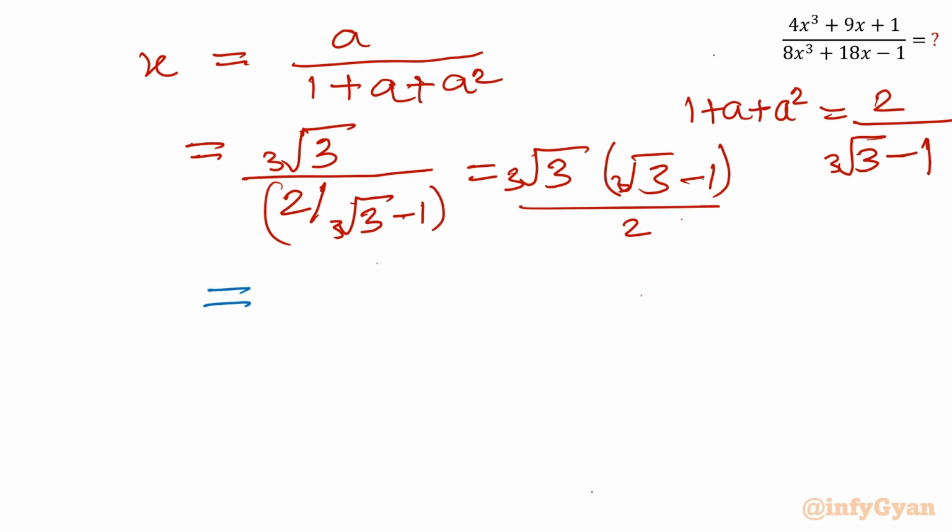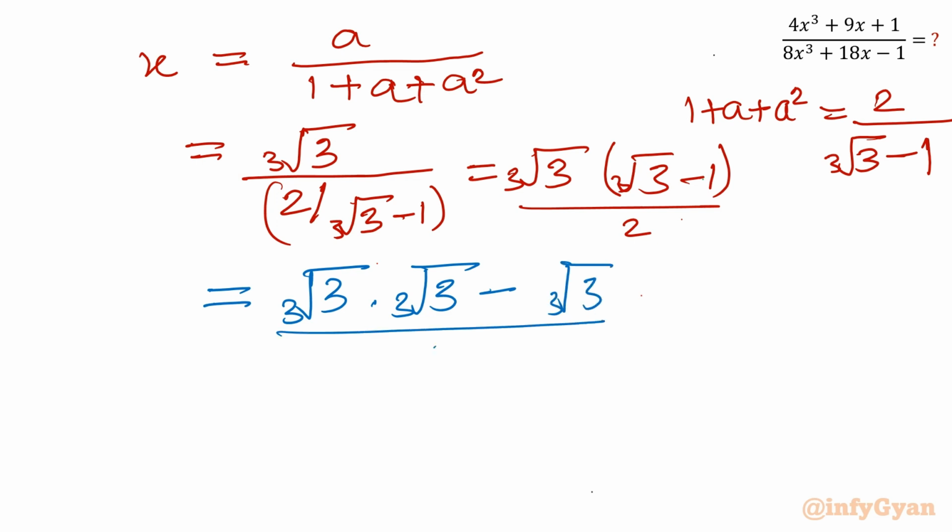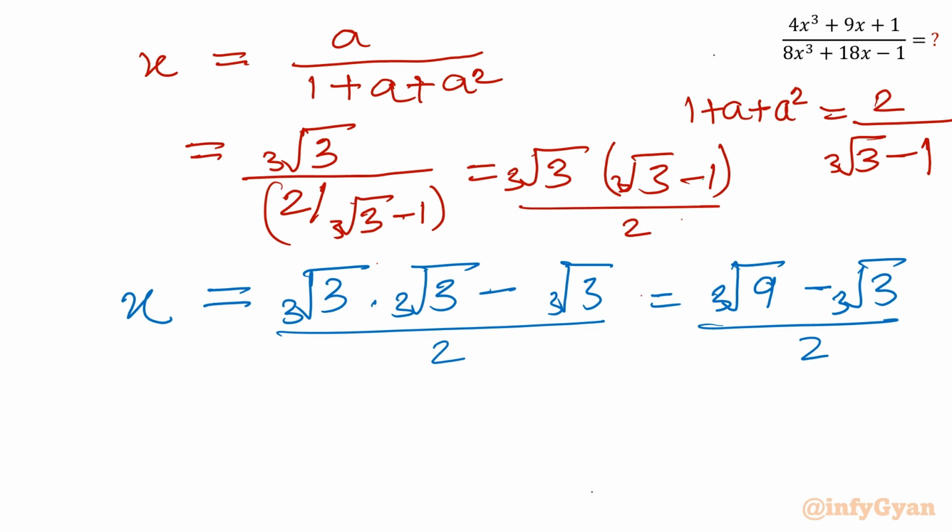So I will be writing cube root of 3 times cube root of 3 minus cube root of 3. Directly we can write it is cube root of 9 minus cube root of 3 divided by 2. So this is ultimately our x value. Now multiply this equation with 2. So I will write 2x is equal to cube root of 9 minus cube root of 3.